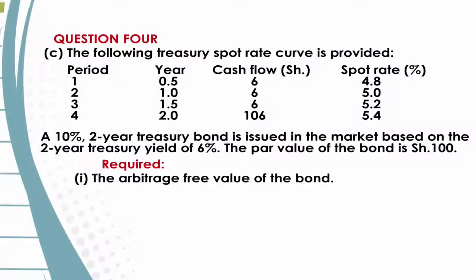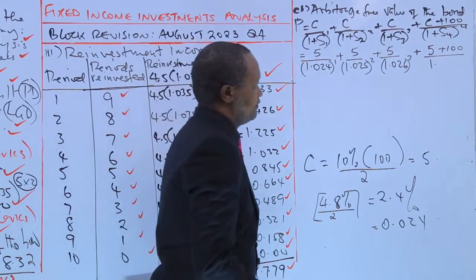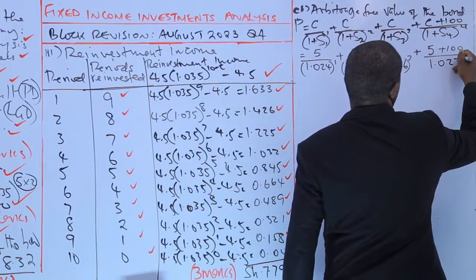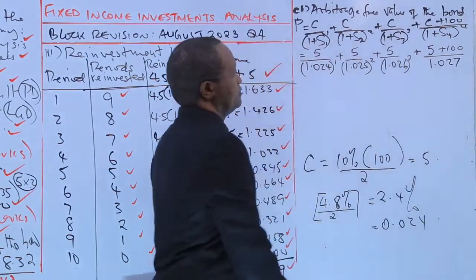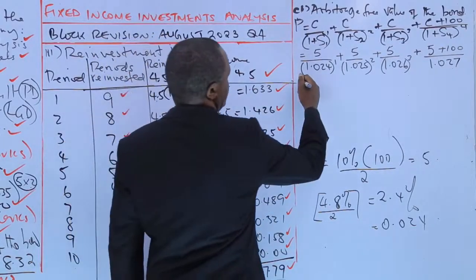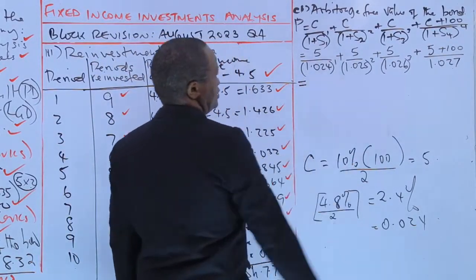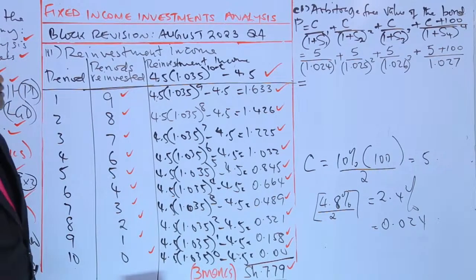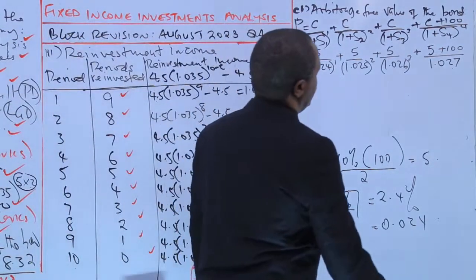The spot rate for period 4 is 5.4%. 5.4% divided by 2 is 2.7%. So it will be 0.027. The rest here is going to be the work of the machine.